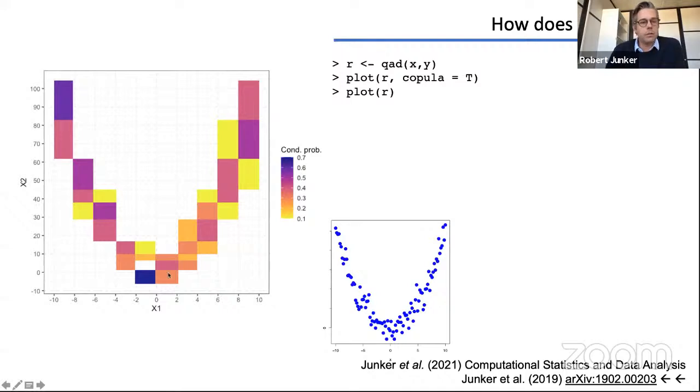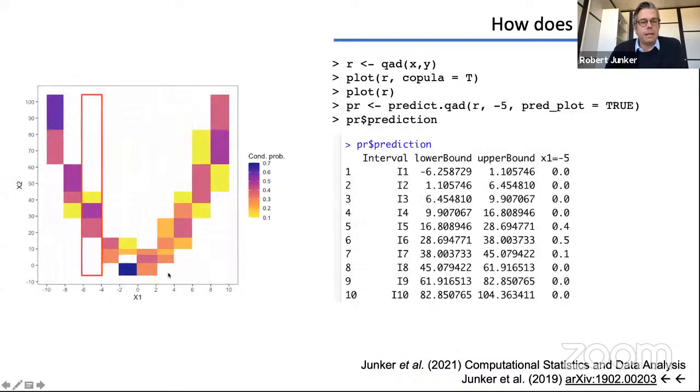So now let's go to the prediction. Again, you should assign an object, and you use predict QAD with R as QAD object that we defined here. And now predict the Y value for X1 equals -5, and also show the prediction plot, which is shown here.